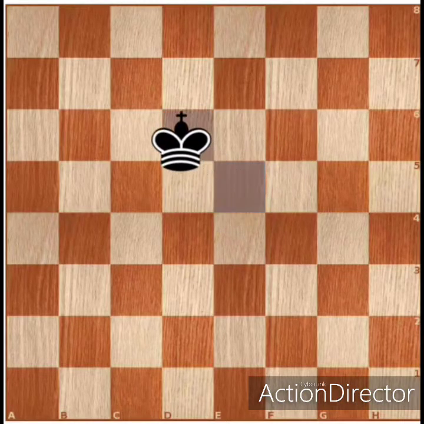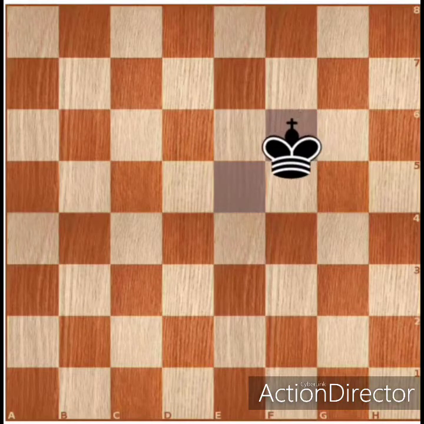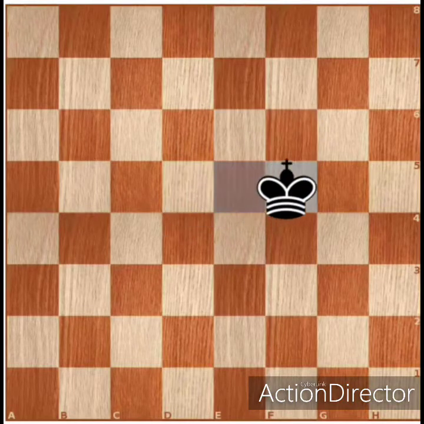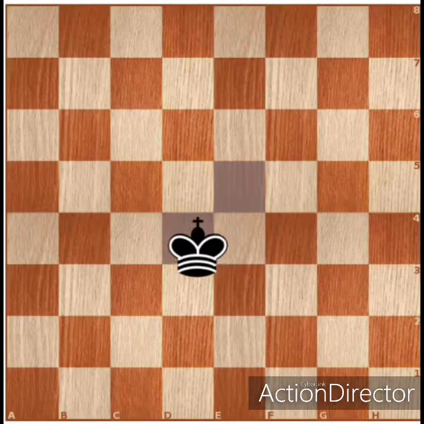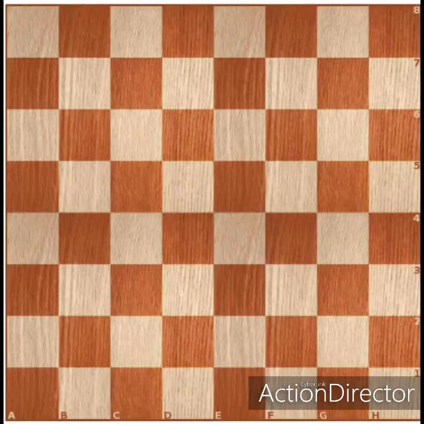That is d6, e6, f6, d5, f5, d4, e4, f4. The king can go to any square where it wants to go.